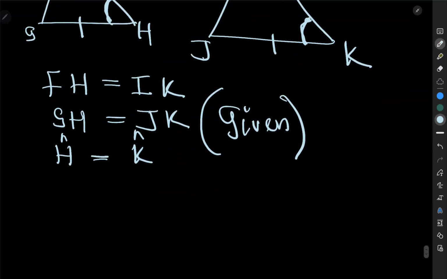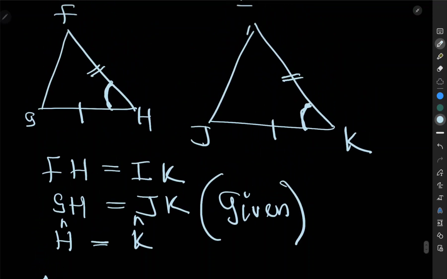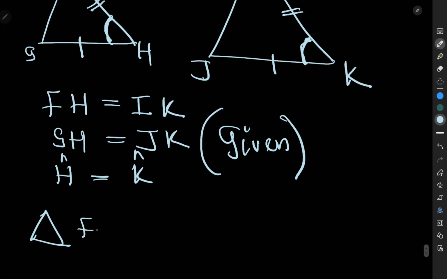All this information is given. Then we can assume that triangle FGH is congruent to triangle IJK.